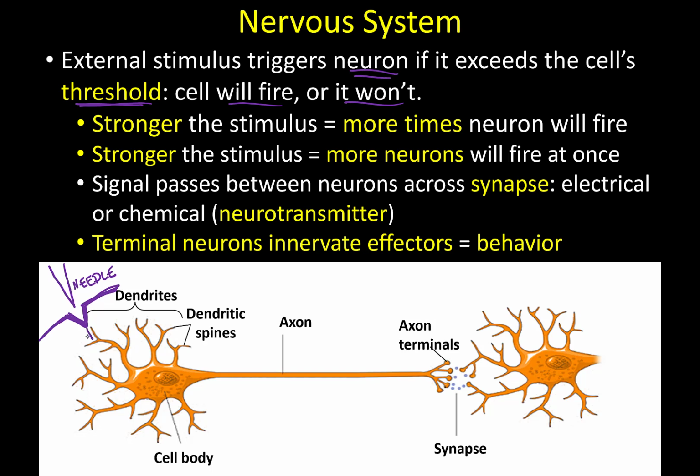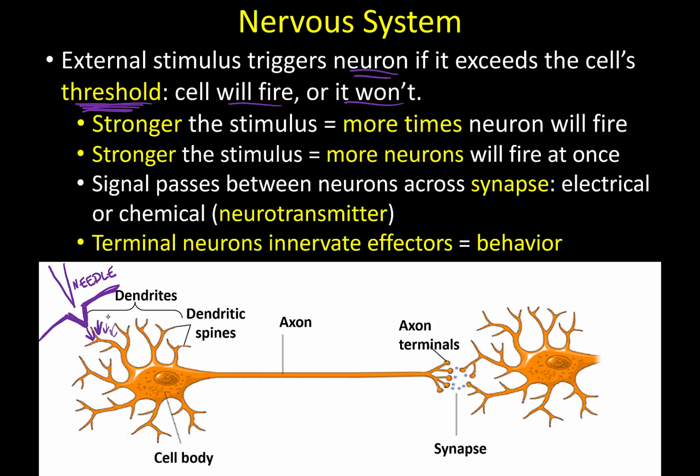That's going to push on these dendritic spines. Now, if the dendritic spine is only pushed on a little bit, it actually won't cause the cell body to respond. It's too low. It's below this threshold that the cell needs in order to fire.